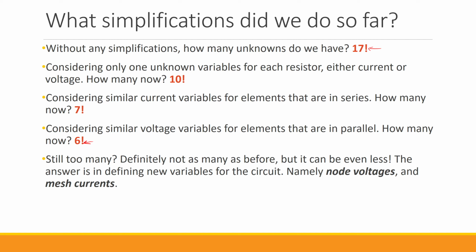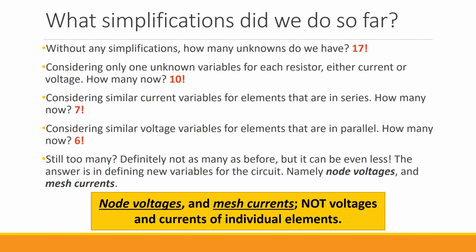But as I said, it can be even less. The answer is that we need to define new variables for the circuit. Instead of using voltages and currents of individual elements, we need to define voltages of nodes and currents of meshes to be able to reduce this number of equations even further. Let me just repeat it again.